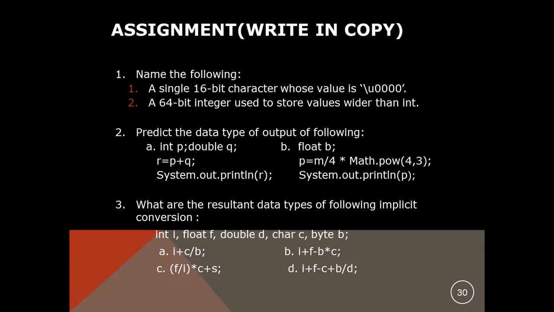Now out of these three, byte, char and int, the highermost is int. If you remember the hierarchy of the data types, the highermost is int. So the resultant data type by implicit conversion of question A will be int. Same method you have to apply for question B, C and D and write down the resultant data type of the following implicit conversions. With this, we end the video of chapter number 3.